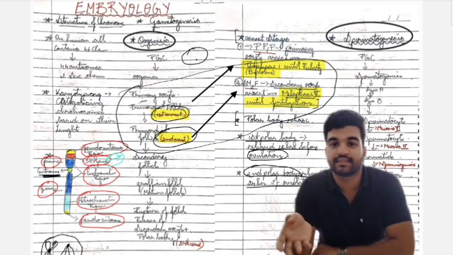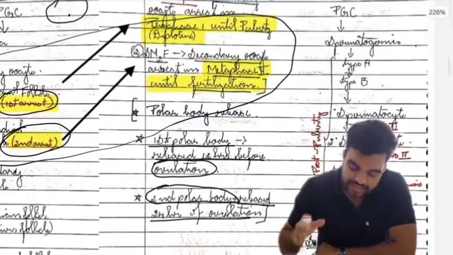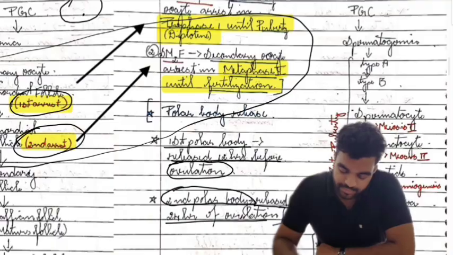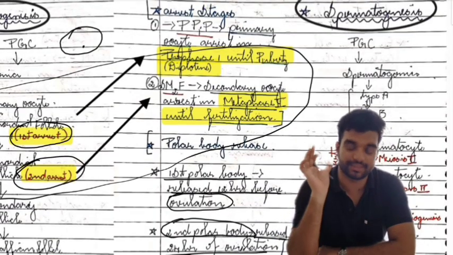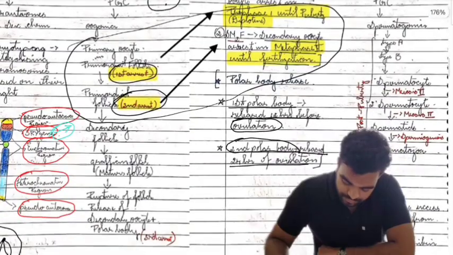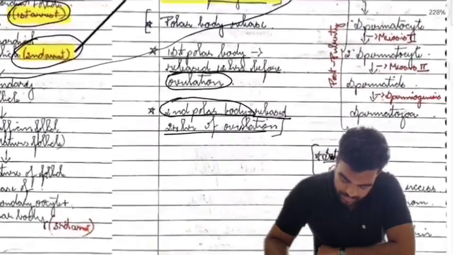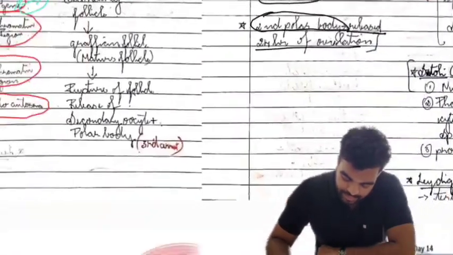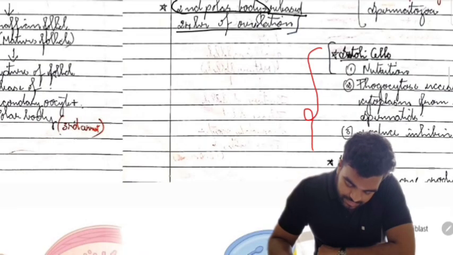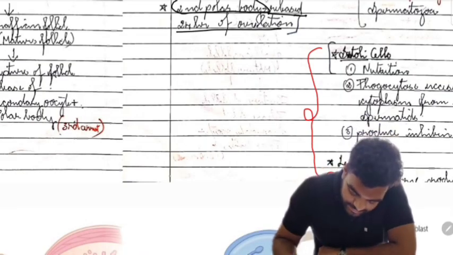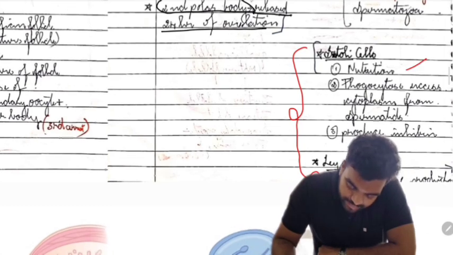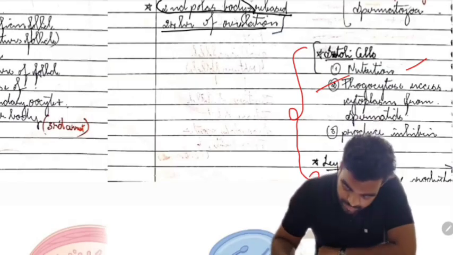So now let us discuss spermatogenesis. In spermatogenesis, the only thing you'll have to remember is that here also sperm formation takes place from the primordial germ cells. Also remember the supportive cells of spermatogenesis, that is the Sertoli cell, which gives nutrition to the spermatocyte or spermatozoa, does phagocytosis of the excess cytoplasm from the spermatids, and produces inhibin.